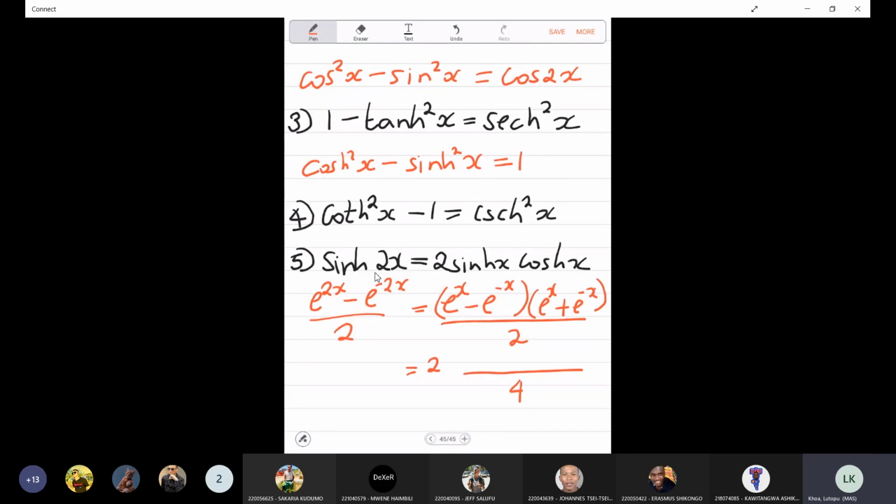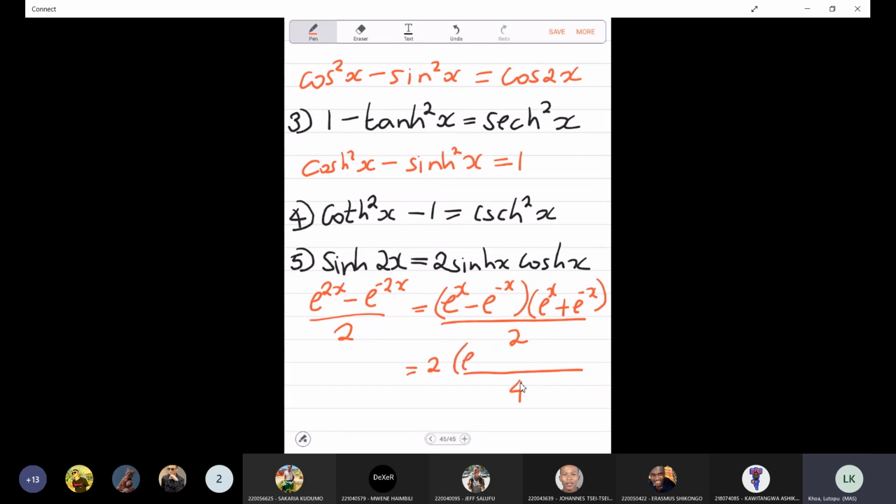Somebody asked the question, can we be asked to prove that? If this is what you were given, you start on the left-hand side, you use the difference of squares, and then you introduce this 2 over here. But when you put a 2 over here, this 2 becomes a 4, so that when they cancel, I'm left with a 2 in the denominator.